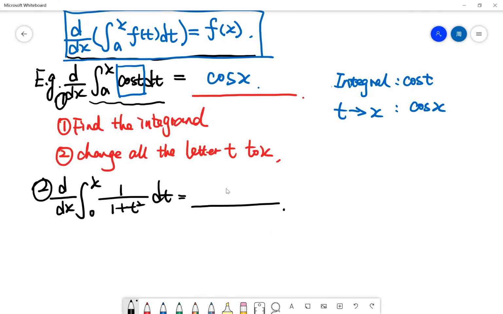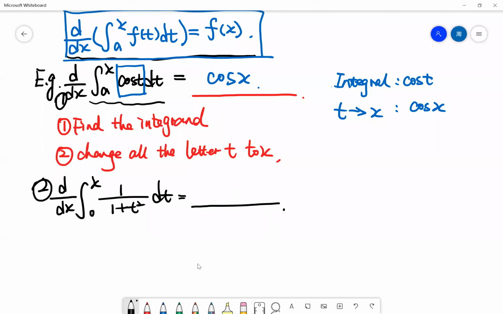I'll give you 1 minute. So anyone got the result? 1 by 1 plus x squared.